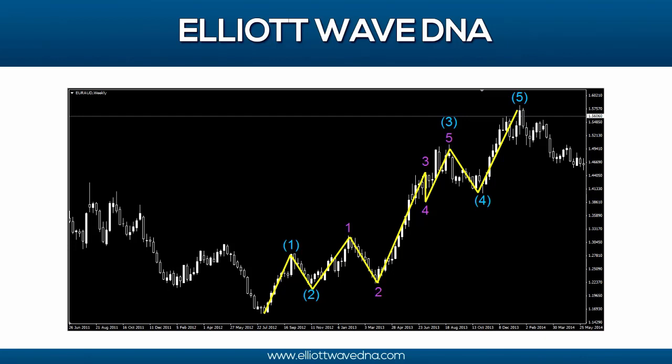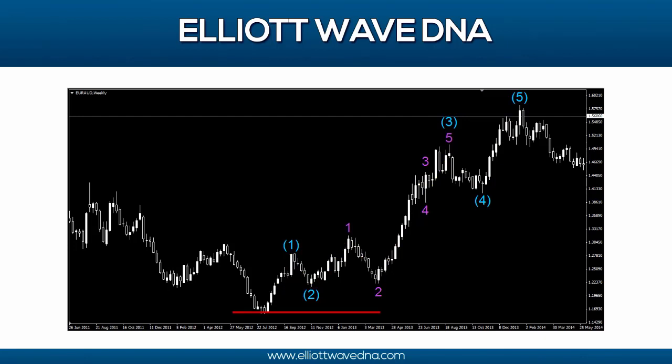So in total, we have 5 smaller waves. And the best way to fit a motif pattern over here would be to call wave 3 an extended pattern. But let's check all the rules.